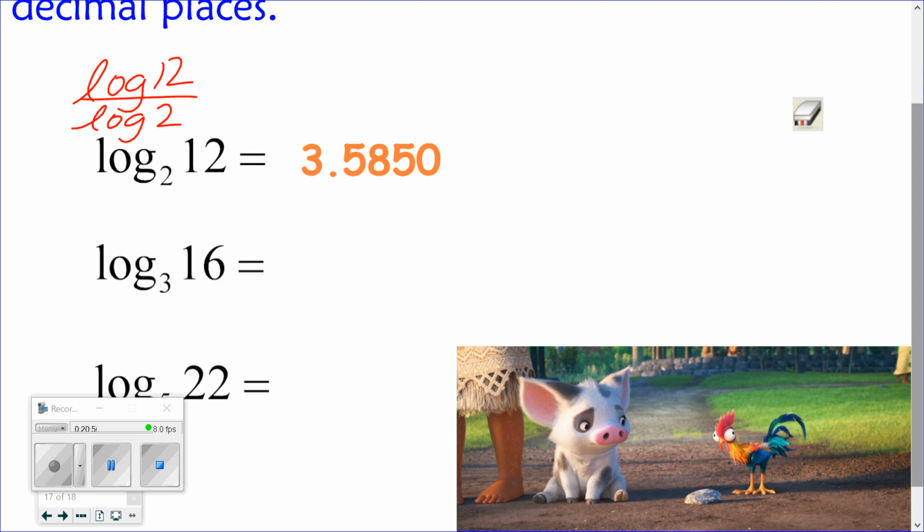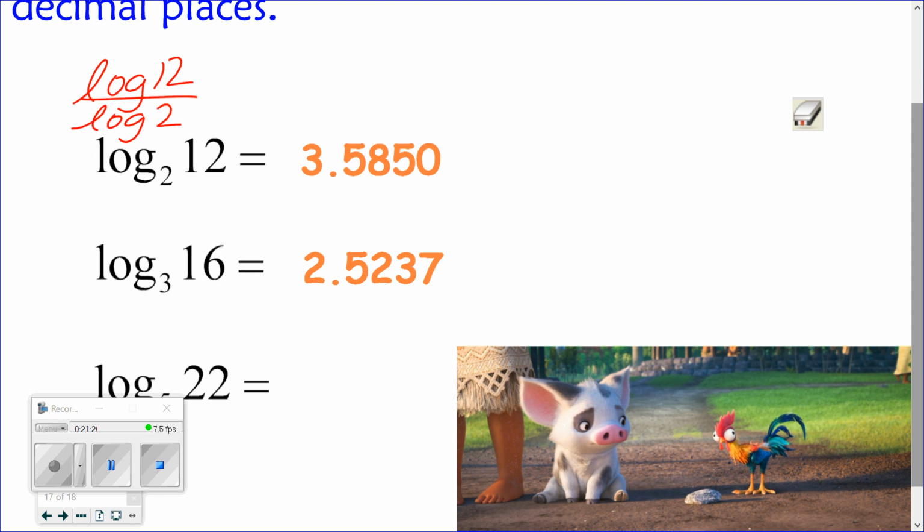All right, so log base 3 of 16. I'm asking you, 3 to what power equals 16? And what do we get? 2.5237. Again, you're typing in log of 16 divided by log of 3.